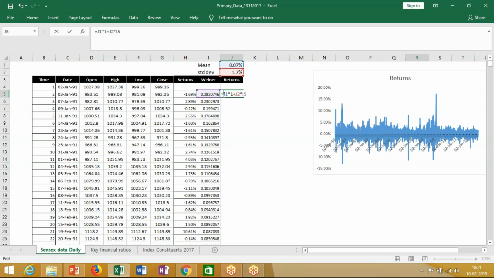Now out of this, the mean is fixed, and the sigma is fixed. So this alpha.